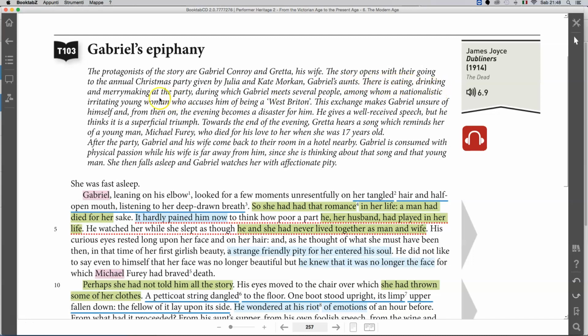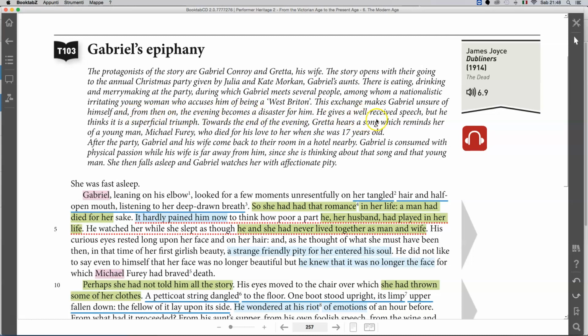There is eating, drinking, and merrymaking at the party, during which Gabriel meets several people, among whom a nationalistic and irritating young woman who accuses him of being a West Briton. This exchange makes Gabriel unsure of himself.